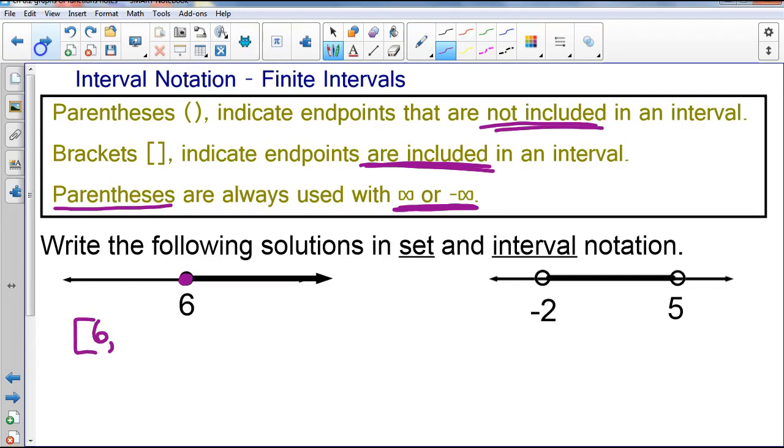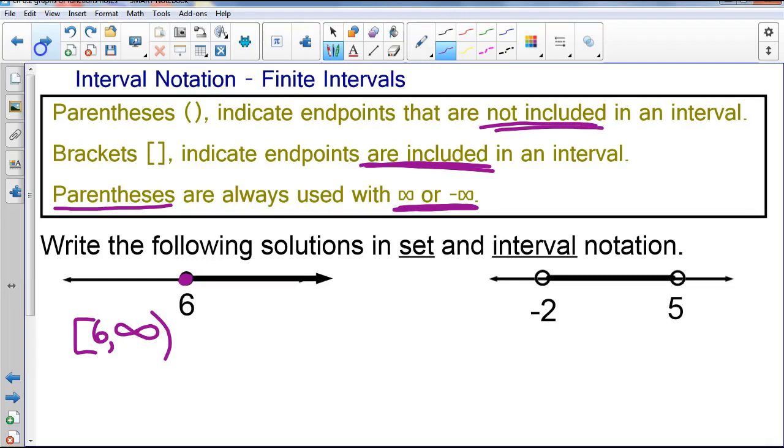And where does it end? It starts at 6, but it includes 6, so bracket 6, and it's ending at positive infinity. That arrow going on forever refers to infinity because it's going towards the right of 6, towards positive infinity. And the last bullet point says that you always use a parentheses with infinity. So the answer in interval notation is bracket 6, comma, positive infinity, parentheses.